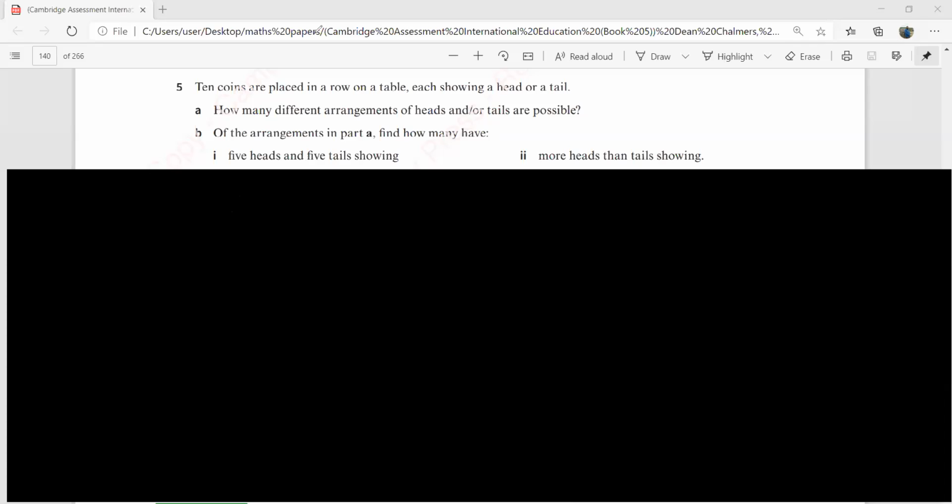Okay, so you can have all heads. You can have all tails. You can have 1 head, 9 tails. You can have 1 tail, 9 heads.